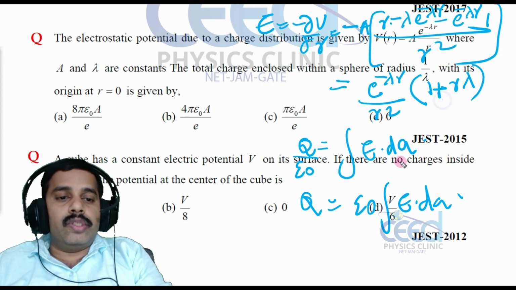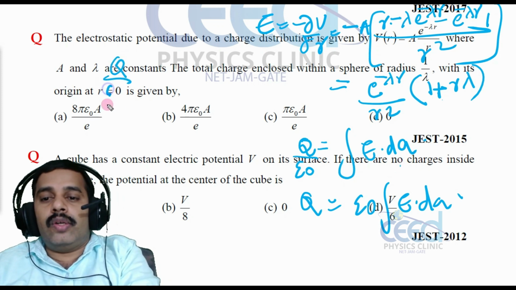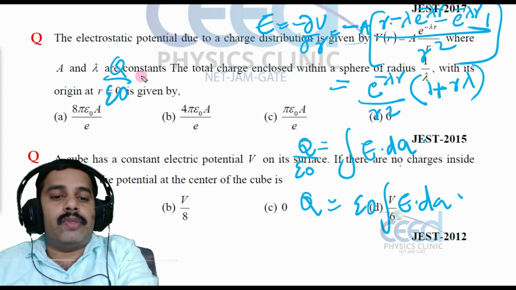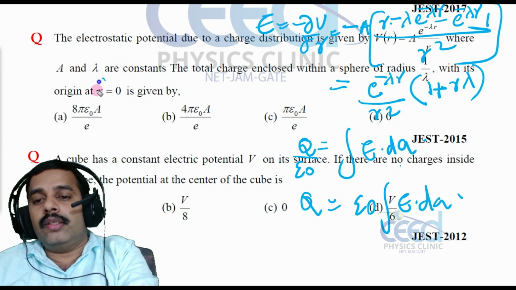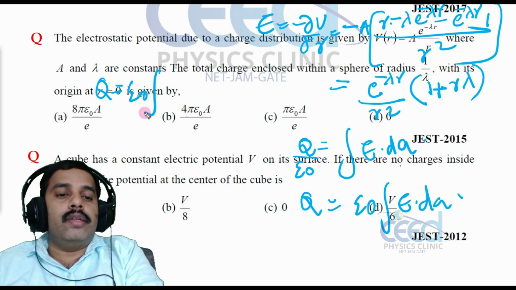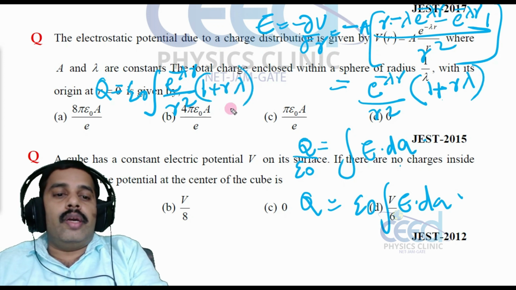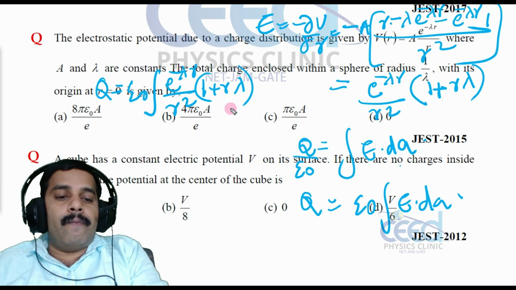So let me substitute this value here. We need q, not q by epsilon 0, right? So q is equal to epsilon 0 integral of E, that is e raised to minus lambda r divided by r square into 1 plus r lambda into dA.